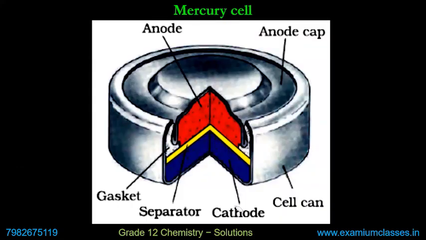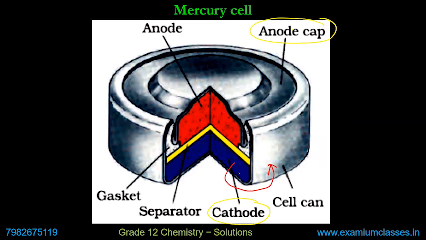This is how a cross-sectional view of a mercury cell looks. The cap here, the anode cap, is this metallic disc. The cathode is actually attached to the can, the outer covering. So the outer covering here is the cathode.